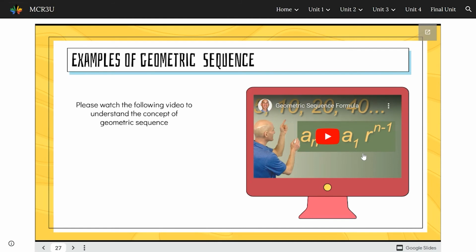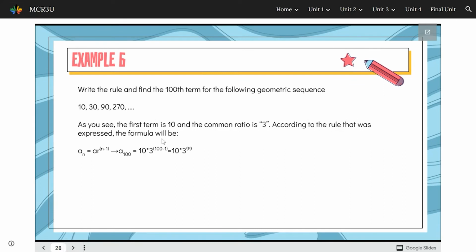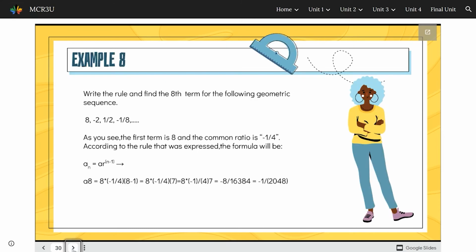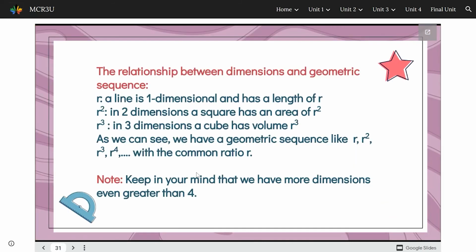That is the formula, and this video helps you understand it better. Next, here is an example that can help you. Again the same, that's good and important. Again the same example, which helps you understand writing the formula a r to the power of n minus 1, the geometric sequence formula.